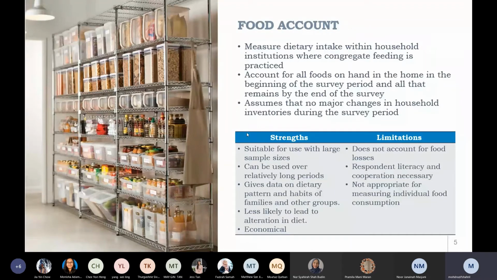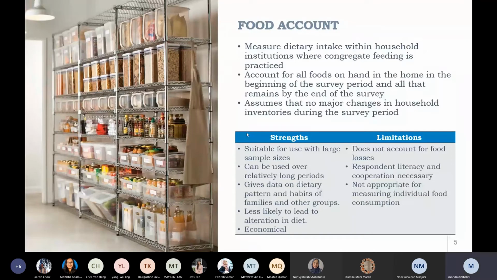So what are the strengths and limitations of this method? The strength is, first, it is suitable for use with large sample sizes. So in a large institution, this might be a good method. It can be used over a relatively longer period, and it gives data on dietary pattern and habits of families and also other groups in the institution.